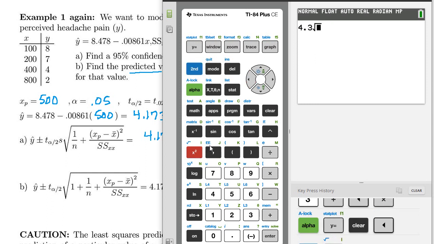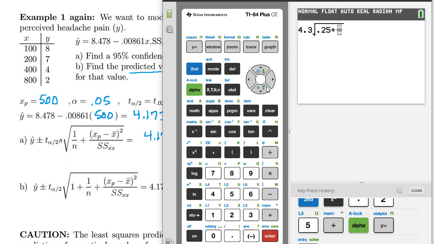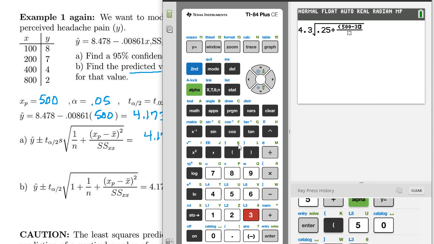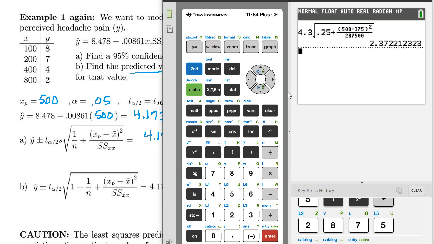So square root of 1 over n, so that's 1/4, 0.25, plus, and now in the numerator, we have 500 minus 375. Close our parentheses, square it. Denominator 287,500. So 2.372.